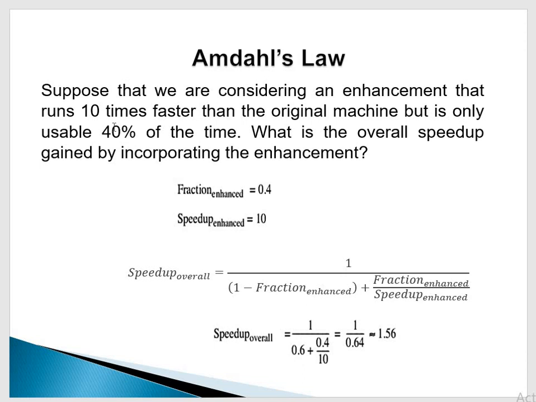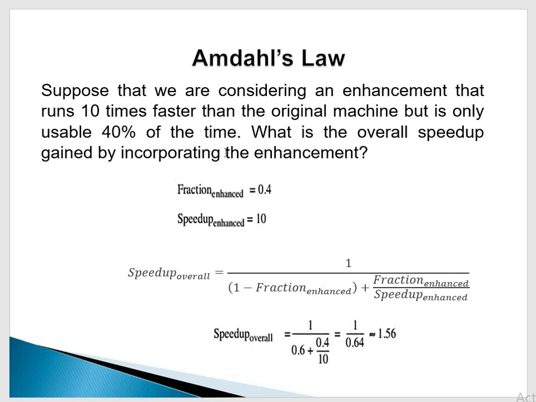Whatsoever improvements we have made in the 40% of the total time, that particular improvement gives us 10 times faster speed. The resultant machine was 10 times faster than its original machine, but it was only for 40% of the time.